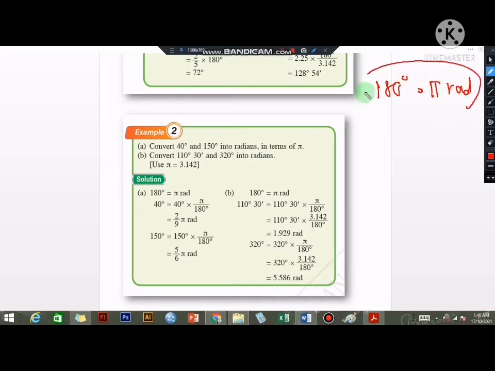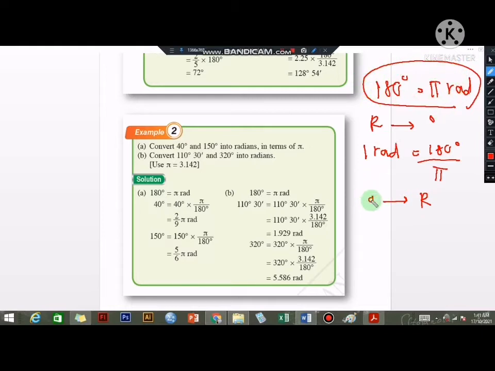From here, if the question asks you to convert from radian to degree, it means that 1 radian is equal to this one. 1 radian, pi, you bring to the right, so 180 degree over pi. Okay, this one is if you want to convert from radian to degree, and then if you want to convert from degree to radian, so the basic one is you look at this one.